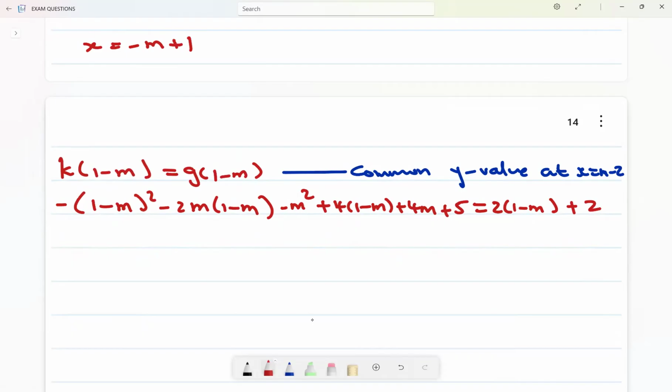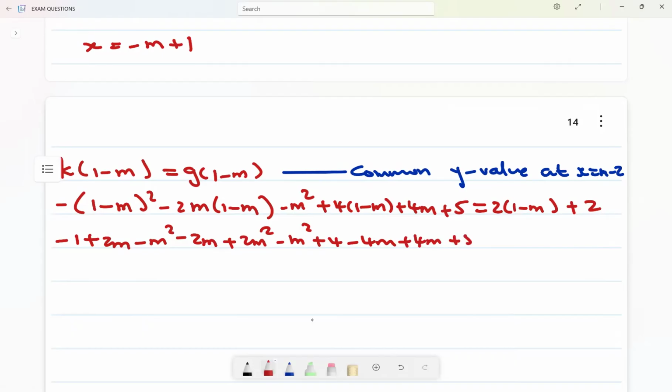Okay. So let's repeat the process. Negative 1 plus 2m minus m squared minus 2m plus 2m squared minus m squared plus 4 minus 4m plus 4m plus 5 is equal to 2 minus 2m plus 2.